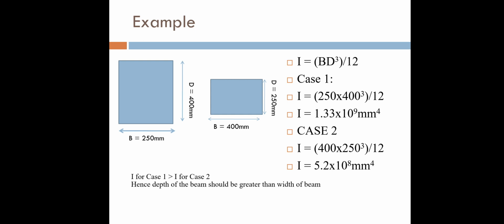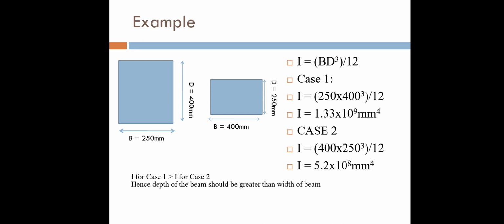That means moment of inertia is always dependent on the depth of the cross section. If the depth of the cross section is more, moment of inertia is more. If moment of inertia is more, moment carrying capacity is more. If the moment carrying capacity is more, the strength of the material will always be more.